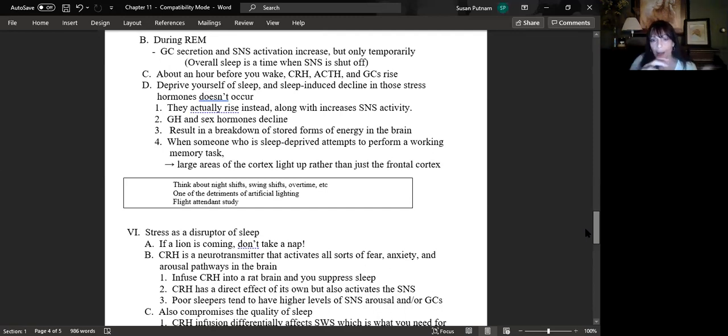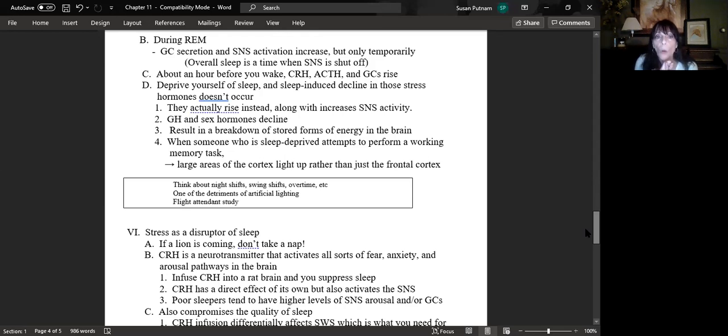Your body is constantly trying to adjust and get into this diurnal cycle that's important in terms of sympathetic nervous system activation and then shutdown, and the rising and falling of certain hormones, including your stress hormones, growth hormones, and sex hormones.